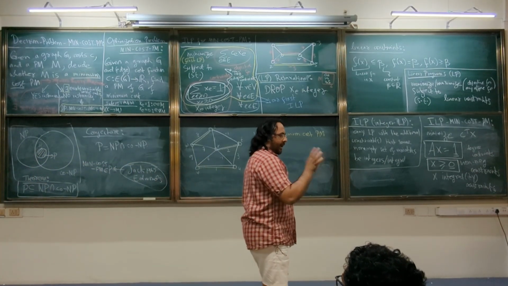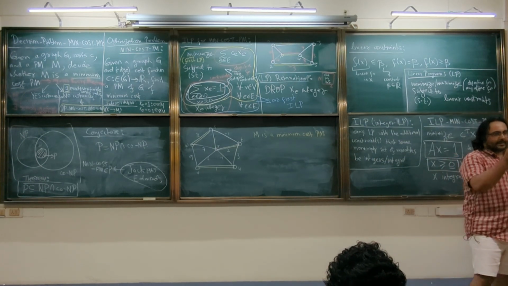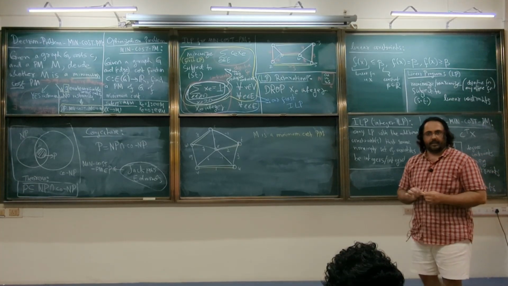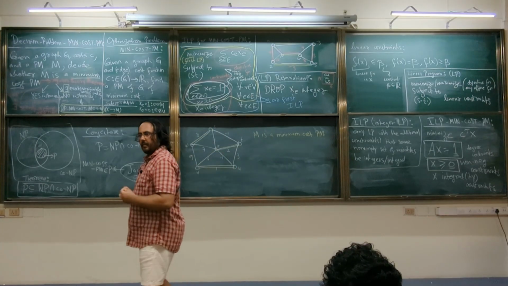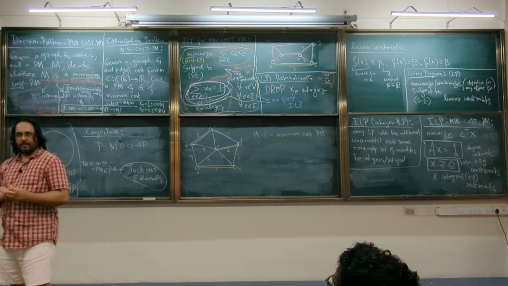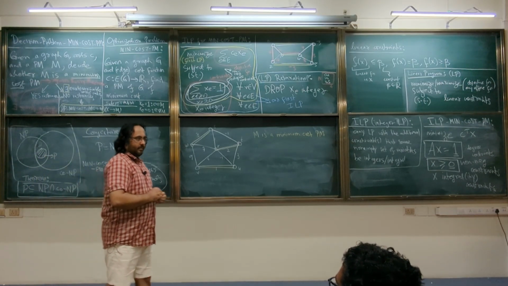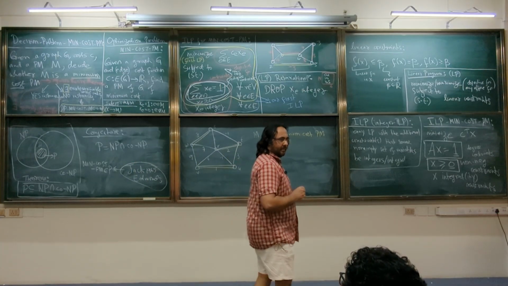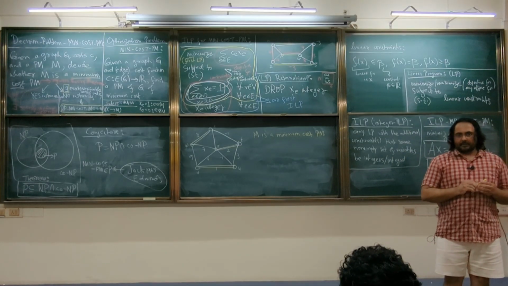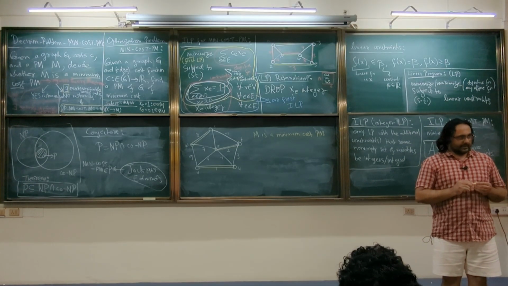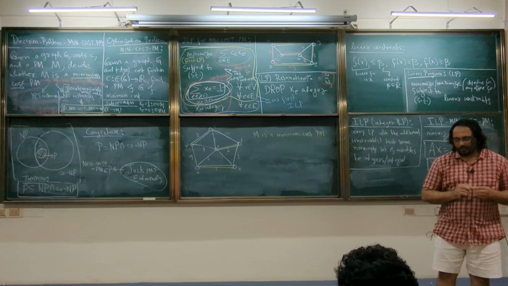So either I add k to the cost of all the edges incident at the vertex, or I subtract k, for a fixed value of k. What will happen to the perfect matchings and their costs? They all go up by this. Yeah? You all agree? The costs of all of the perfect matchings will change by the same number. So therefore, a minimum cost perfect matching in the original instance will still be a minimum cost perfect matching in the new instance. Yeah, you all agree? And vice versa.